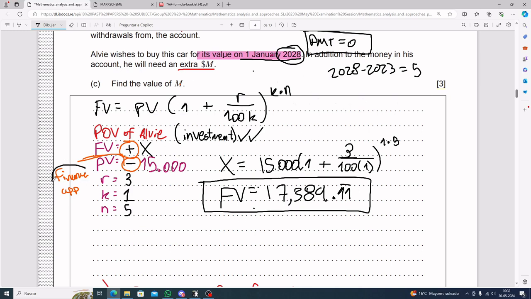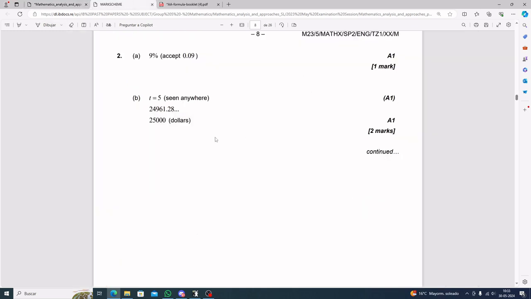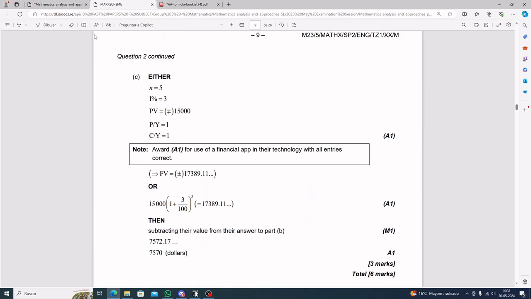Now for the finance app, it is relevant that you do the perspective of Alvi. And for an investment, it would be a negative PV because you lose money initially and then a positive FV down the road. Now, a quick disclaimer: if you look at the answer key, they put the PV in a symbol like this, see? Notice this symbol shows up in two places.